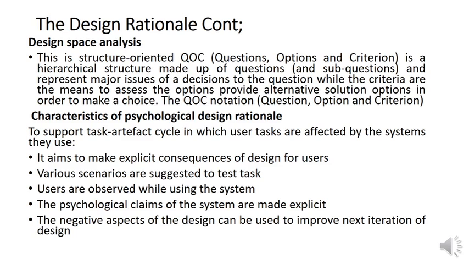Various scenarios are suggested to test tasks. Users are observed while using the system. The psychological claims of the system are made explicit. The negative aspects of the design can be used to improve the next iteration of the design.